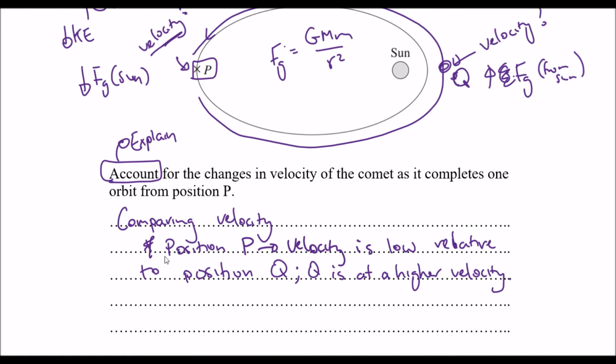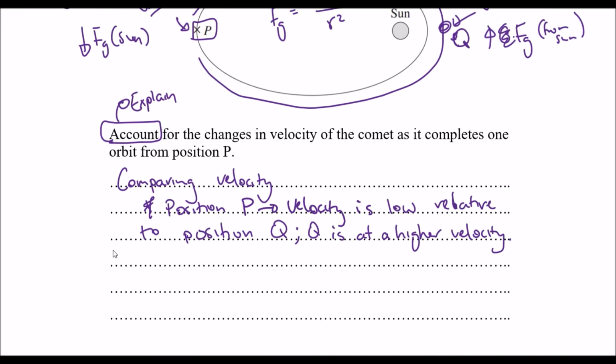Okay, the reason being is at position P, the distance between comet and sun is at maximum.